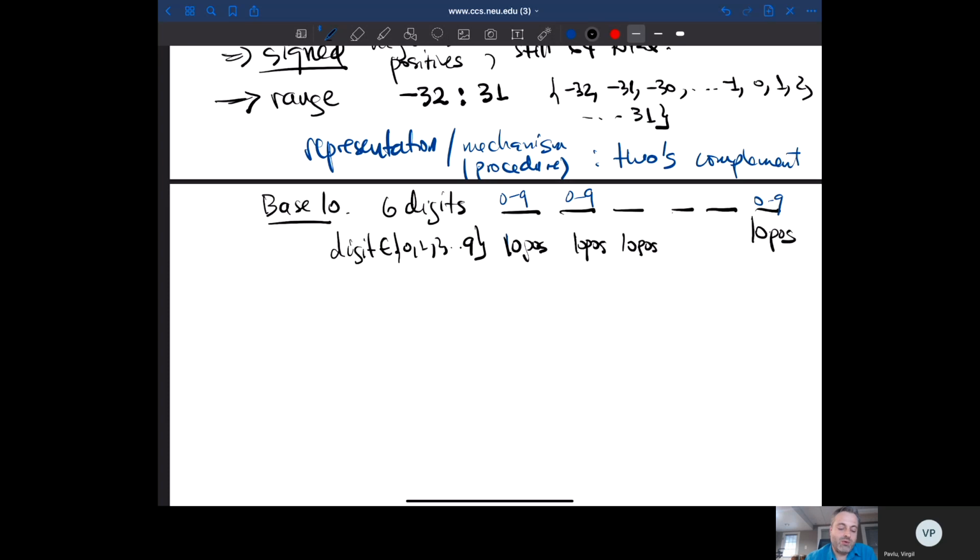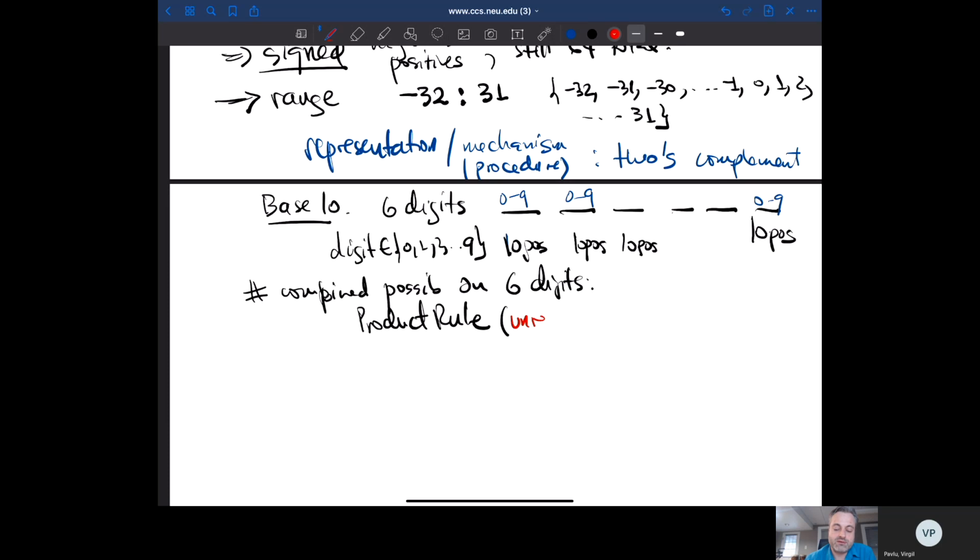So now, what is the total number of combined possibilities on 6 digits? Remember the product rule? Because again, very important, this is unrestricted. Any digit goes with any other digit. So therefore I have 10 times 10 times 10 times 10 times 10 times 10 possibilities.